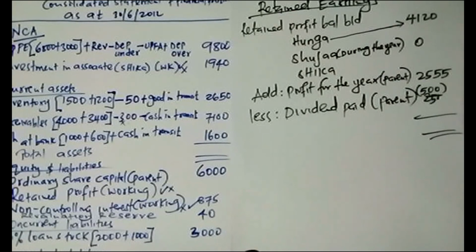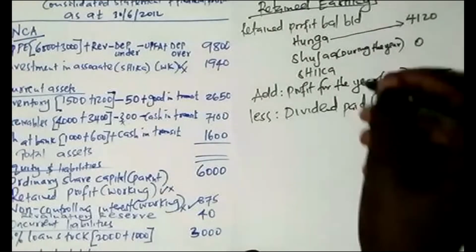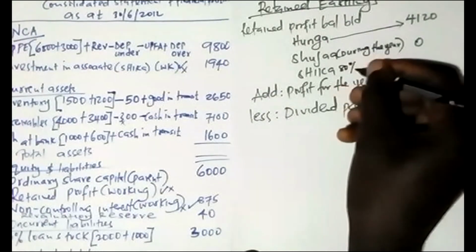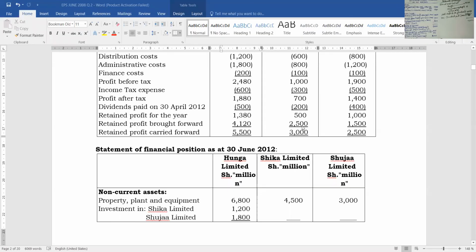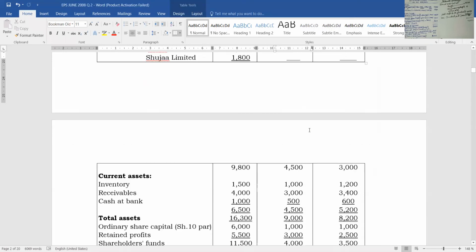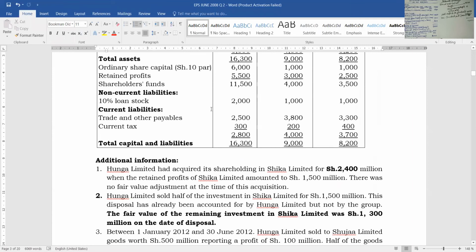But remember, Shika was acquired several years ago, and this one was 80%. So the balance brought forward for Shika, the one which is given here, is 2,500. But remember, at the time of acquisition, there was 1,500 as per note 1.